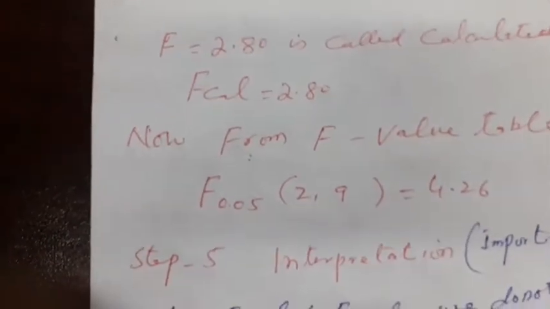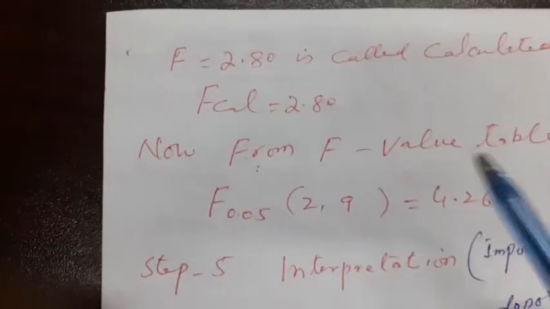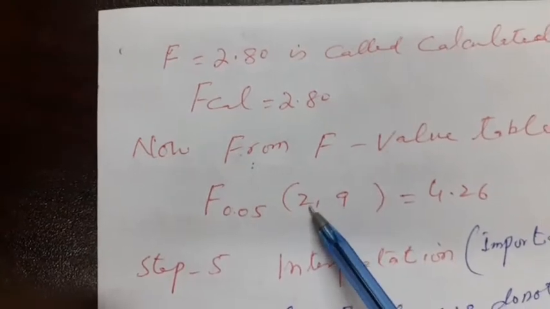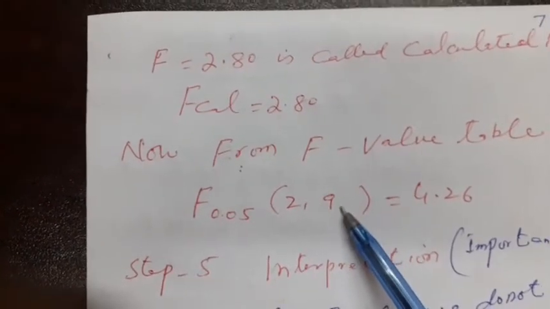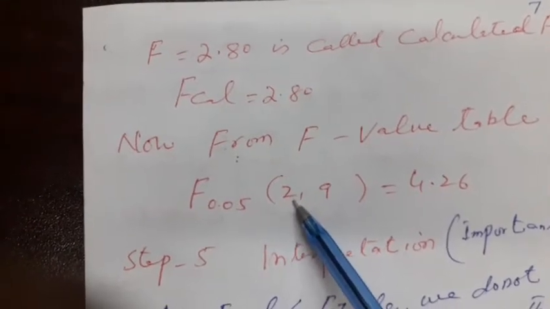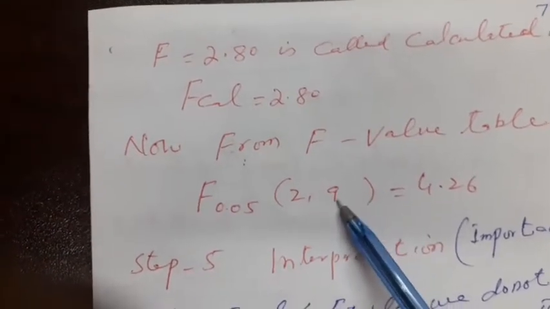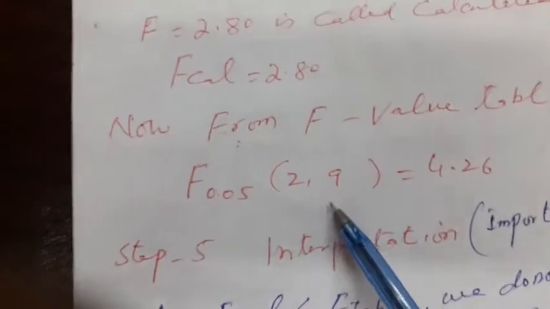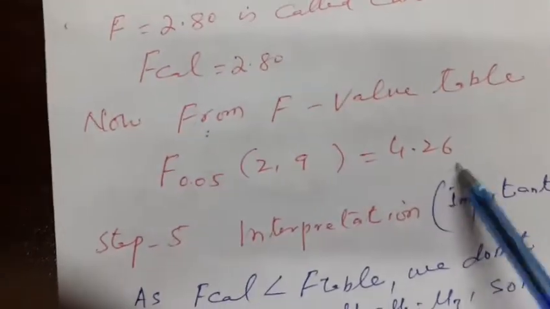We will use the degree of freedom of columns and the degree of freedom of error. We simply say S1 square, its degree of freedom, and S2 square, its degree of freedom. So here S2 is 6.